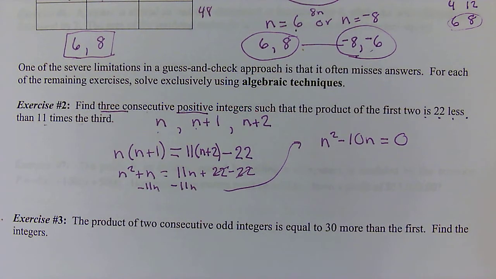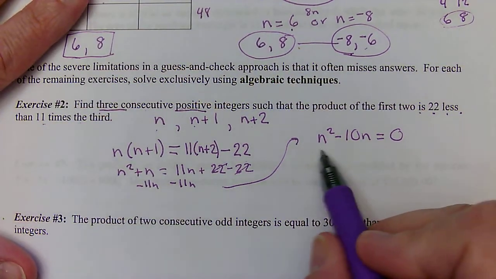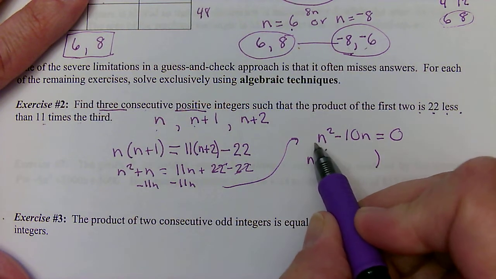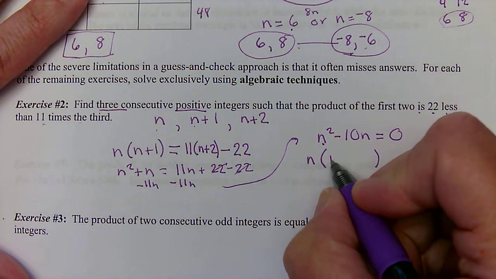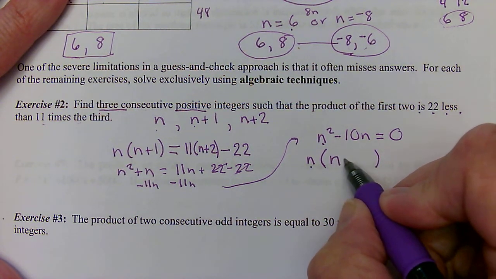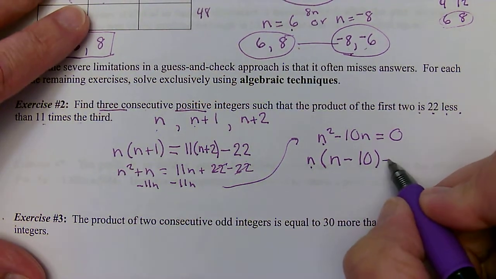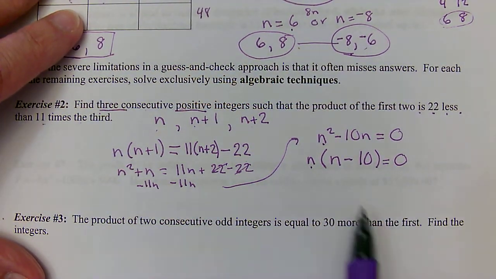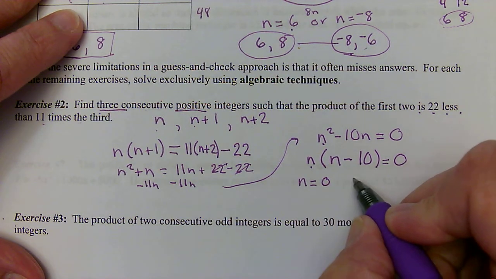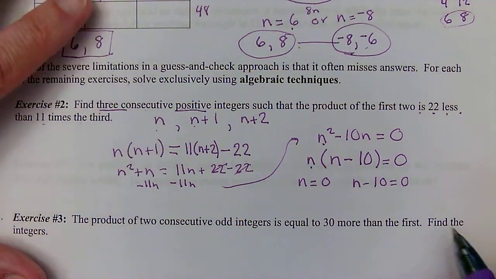So now that we have 0 on one side and it's in standard form, we factor. Well, there's a common factor here of n. If we divide n out of n squared, that leaves n. And if we divide n out of negative 10n, we get negative 10. Now we have a product equal to 0. So by the zero product rule, we can set each factor of that product equal to 0 and solve for the variable.